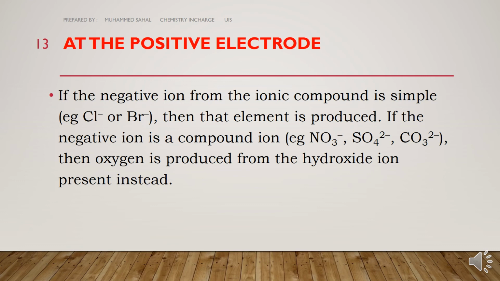If the negative ion is a compound ion like NO3-, SO4 2-, then oxygen is produced from the hydroxide ion present instead. That means oxygen will be released at the positive electrode.